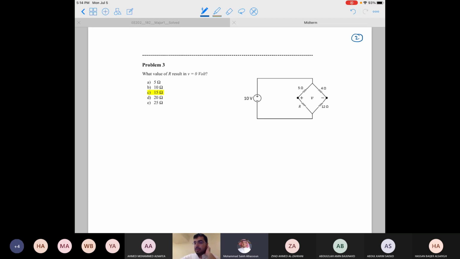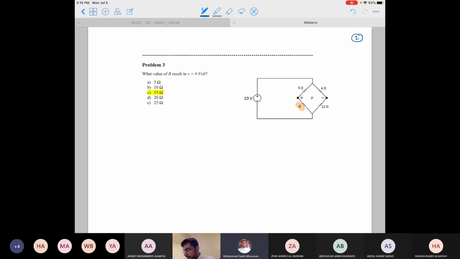So what does it tell us here? The statement of the problem is kind of tricky here, but deep down, it's kind of simple. We are asked to find the value of the resistor R such that the voltage V is 0.